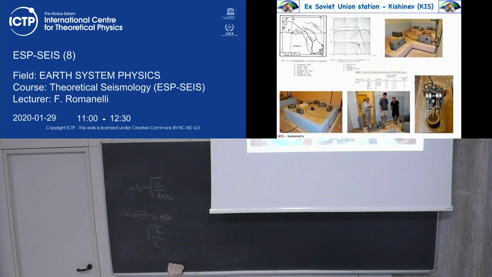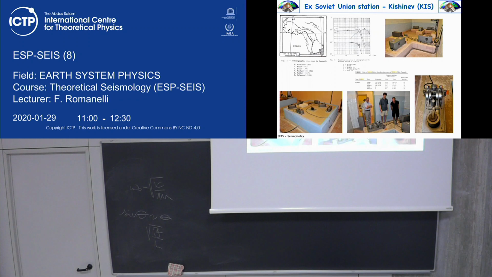Just for your information and to show you that also the wide Soviet Union region was covered with instruments. This is when I visited the Chisinau station in Moldavia. You see here 60 instruments, and they're oriented in triplets, north-south, east-west, vertical, a vector, with their response curves.